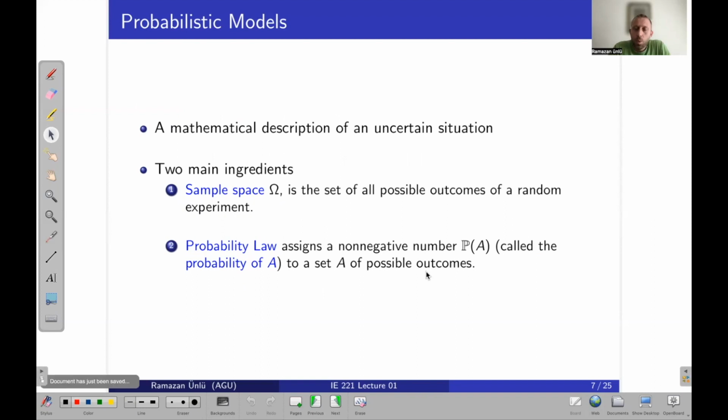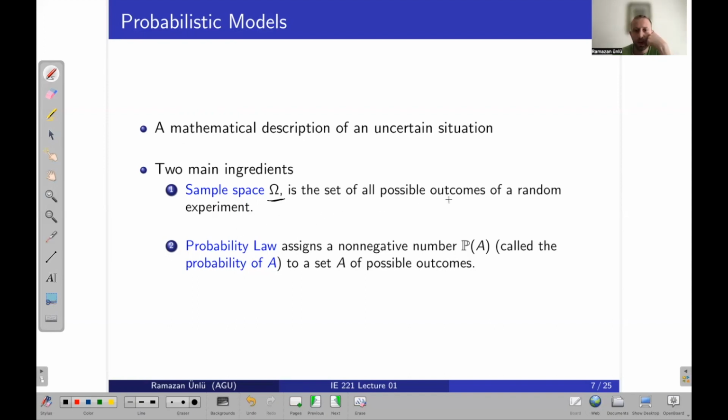So from this perspective, we have two main ingredients. The first one is the sample space, which we will denote by the capital Greek letter omega, right? Okay, I think it's right, omega. So simply, omega is the set of all possible outcomes of a random experiment.